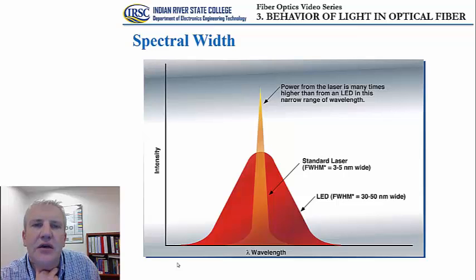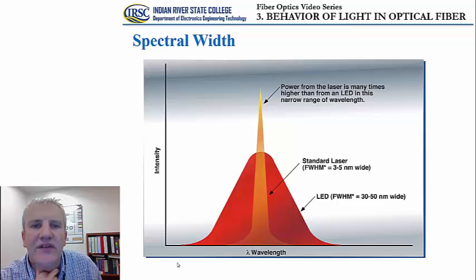So let's put spectral width and chromatic dispersion into perspective here. So we've seen that due to the fact that we are transmitting different wavelengths around the nominal wavelength in a certain range would result in chromatic dispersion or spreading of the pulse. So in other words, we are very interested in reducing the spectral width of the light that is being used to transmit information along the optical fiber.